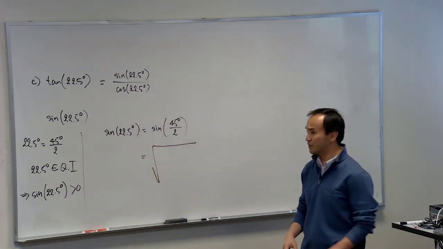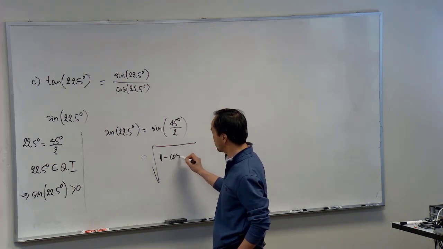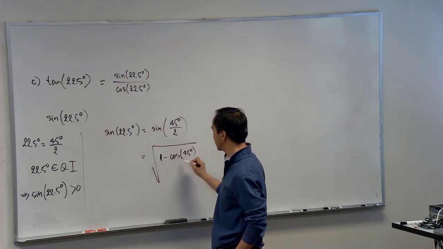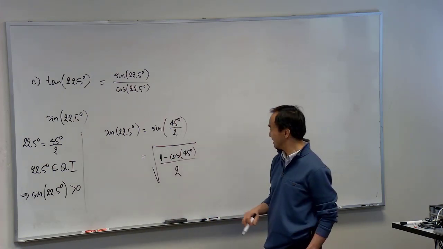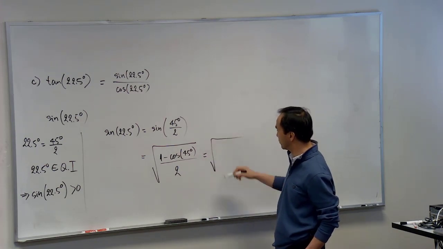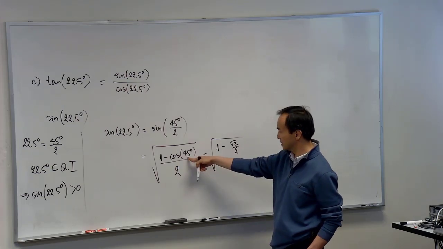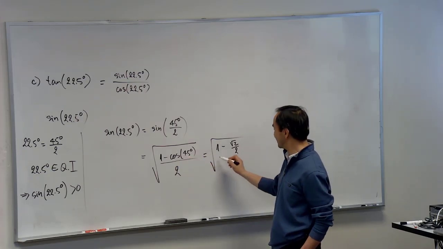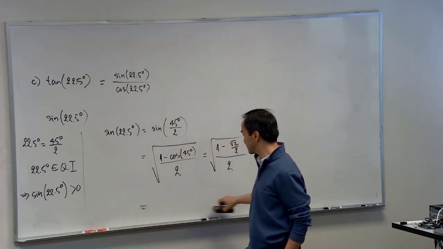Okay? So now the formula says we have 1 minus cosine of 45 degrees, and we're dividing that by 2. In my next step, it gives me the positive square root of 1 minus square root 2 over 2, that's cosine of 45, and then we're dividing by 2, and then we'll do some further simplification.